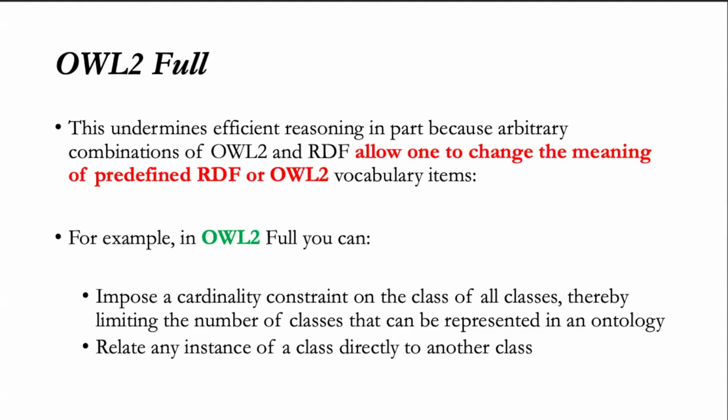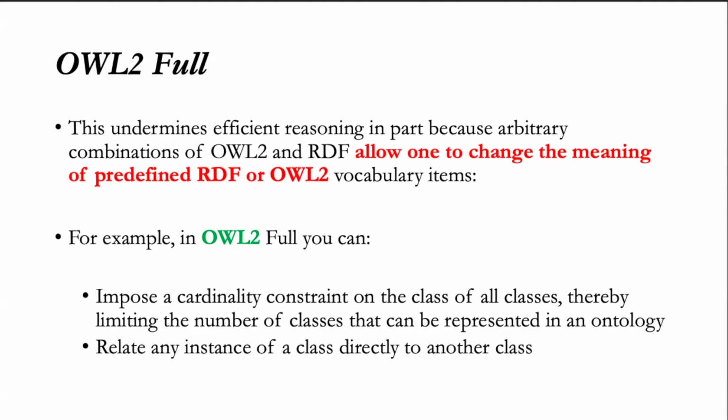This undermines efficient reasoning in part because arbitrary combinations of OWL 2 and RDF allow one to change the meaning of the predefined words or vocabulary of RDF and OWL 2. For example, in OWL 2 Full, you can impose a cardinality constraint on the class of all classes, thereby limiting the number of classes that can be represented in an ontology. You can say no more than 3, and you can put that directly on the class in RDF, right?